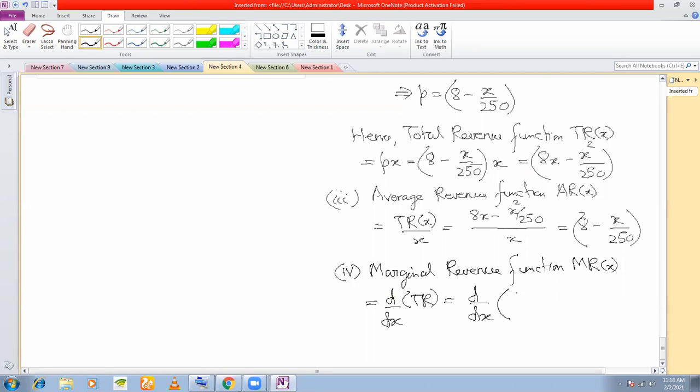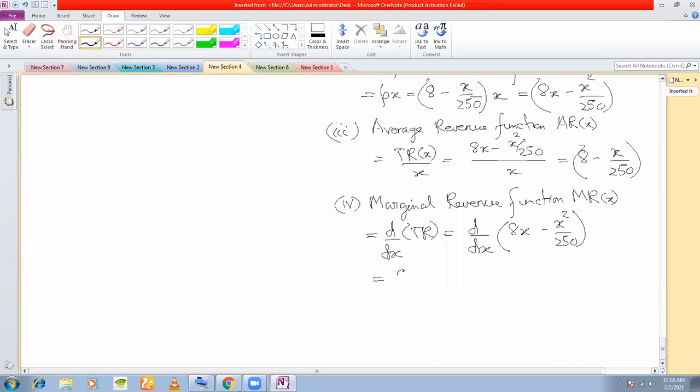Total revenue function is 8X minus X square by 250. Now, let's differentiate it. So you get 8 minus 2X by 250. 2X by 250, this cancels 125 times. So this is 8 minus X by 125. This is your marginal revenue function. That's it.